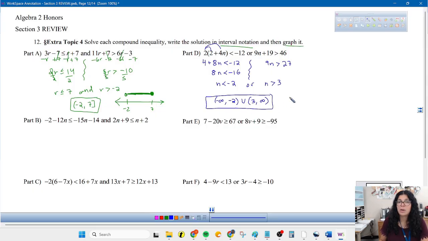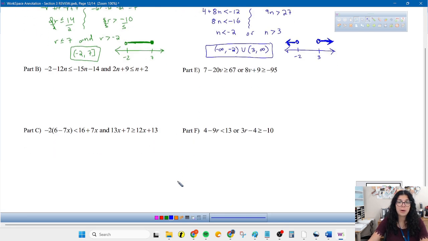So if I were to graph that on a number line, this would be an open circle on -2 and shading all of the numbers that are less than that. Or another part of the solution is an open circle on 3, and then all the numbers to the right of 3 are a part of the solution as well.